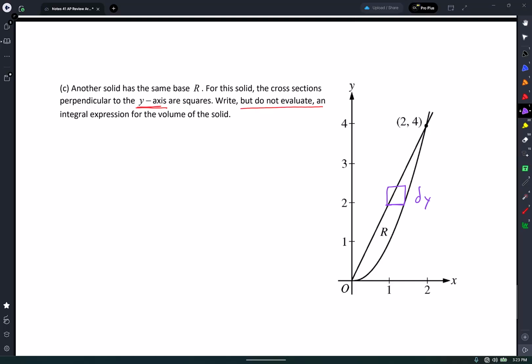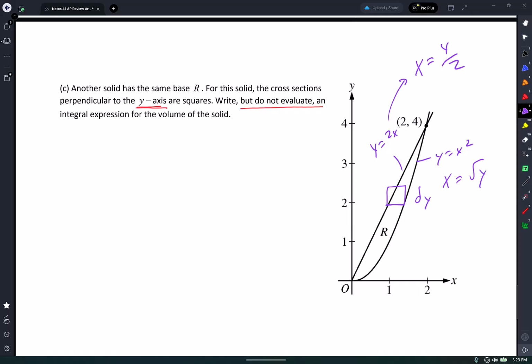I need these answers in terms of y. So x equals something with the y's in it. This was y equals 2x, and this was y equals x squared. So x equals y over 2. Is everyone okay with that? This one here, x equals the square root of y. Is everyone okay with that?